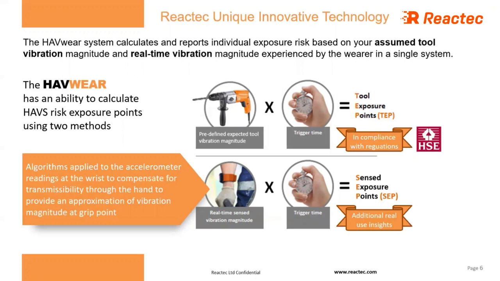So this gives you a vibration magnitude which is a very close approximation to the vibration magnitude being experienced during real tool use at the grip point of the tool. And it's therefore giving you it in real time. Now again, if we combine that vibration magnitude with the time of using the tool, then that is a quantification of exposure, and we refer to that as SEP, or the sensed exposure points.